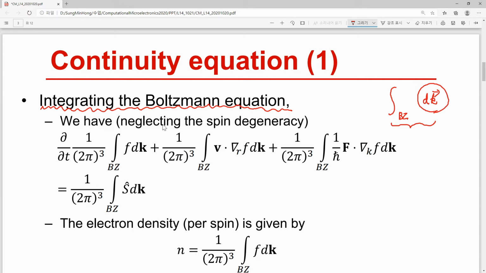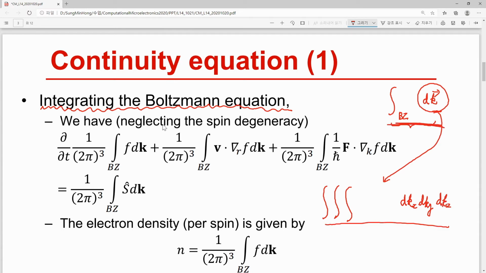However, this is not actually a vector. This should be regarded as just a triple integration over dkx, dky and dkz. This is just a simplified form of this triple integral, so don't be confused by this notation.